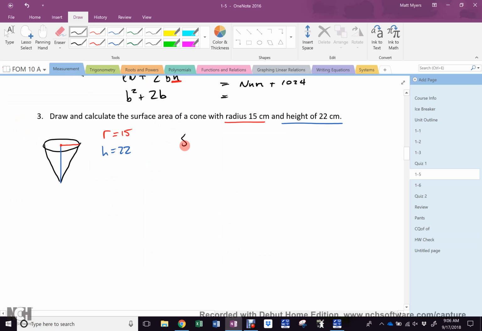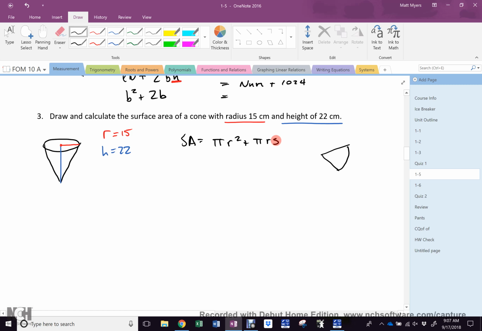Surface area equals, I'm going to write out the formula, pi r squared plus pi r slant. Why is it that? Well, pi r squared gives me the circle, and we already talked about how the rest of a cone is just part of a circle wrapped around it, isn't it? So we still need pi and we still need r because we're dealing with circles. But we're missing the s.